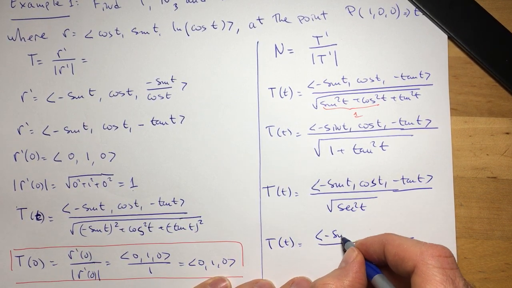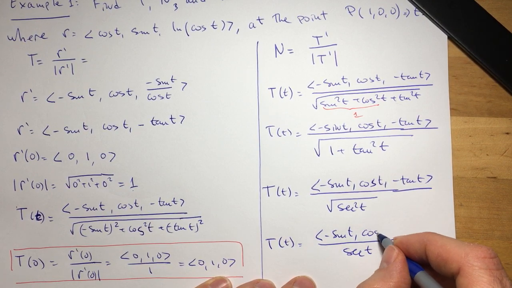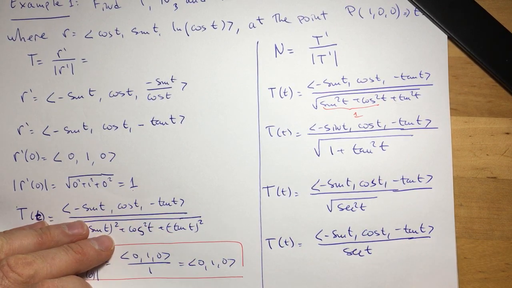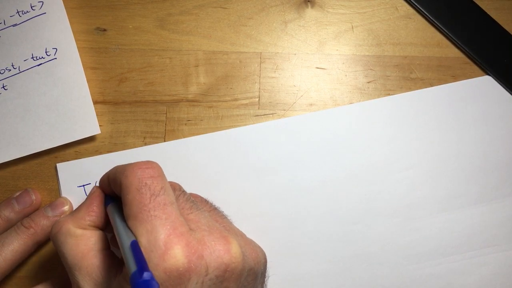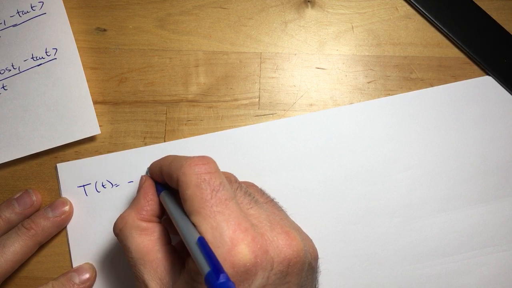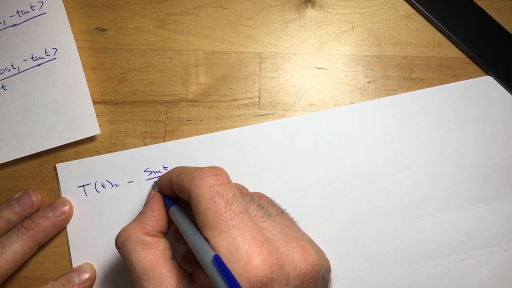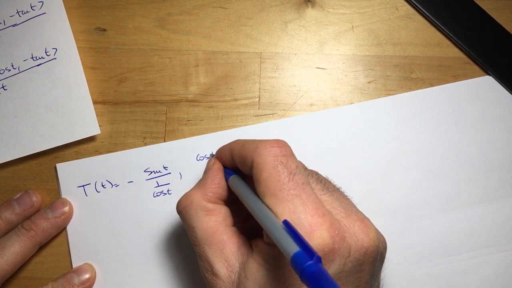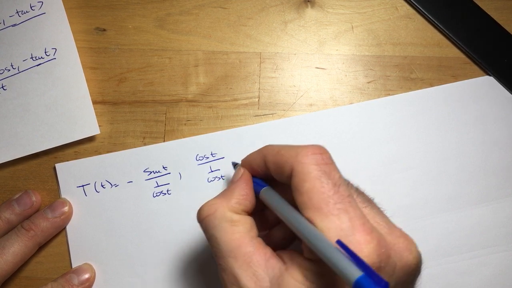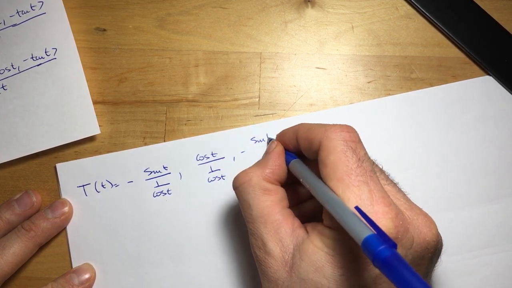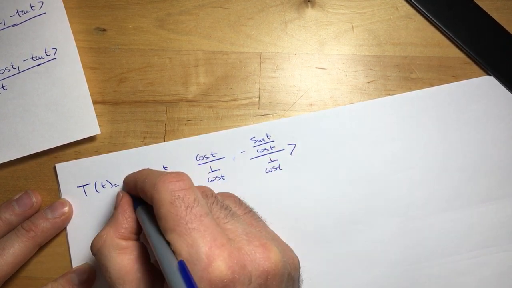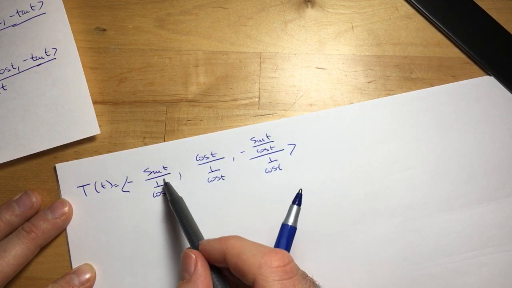Here we have negative sine of t, cosine of t, negative tangent of t. So T of t is equal to negative sine of t over 1 over cosine of t, cosine of t over 1 over cosine of t, and negative sine of t over cosine of t over 1 over cosine of t. Right?